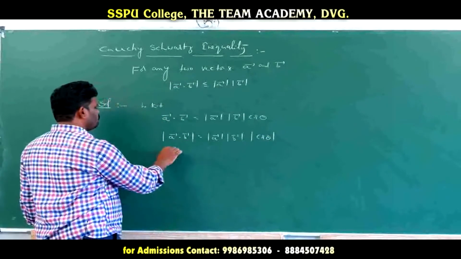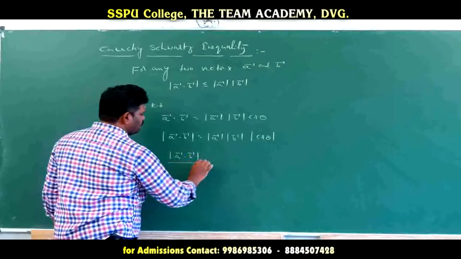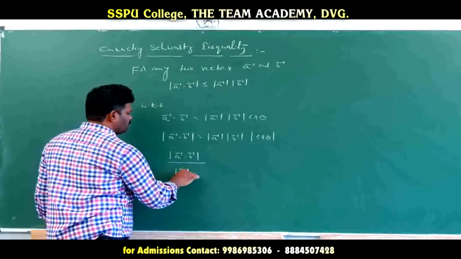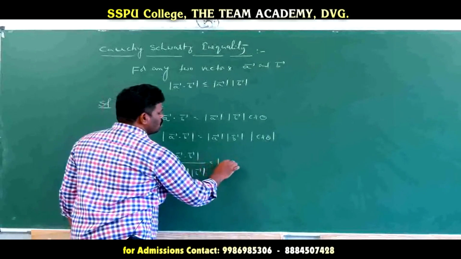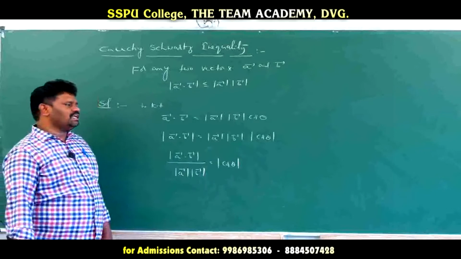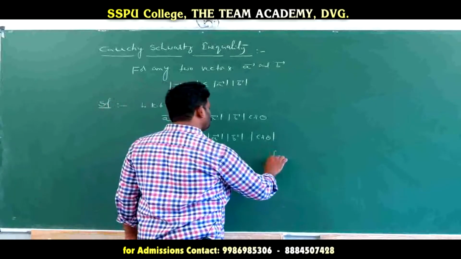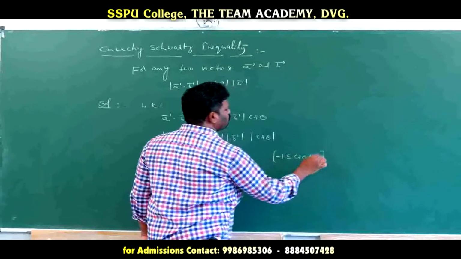Next step: magnitude of A bar dot B bar divided by magnitude of A bar into magnitude of B bar is equal to magnitude of cos theta. We already know that cos theta lies between minus 1 and plus 1: minus 1 is less than or equal to cos theta, which is less than or equal to plus 1.